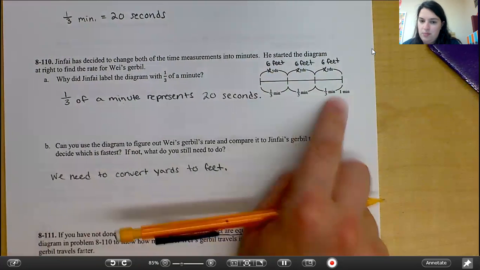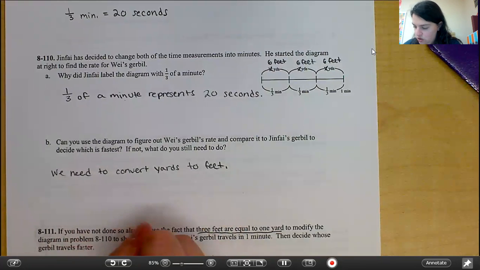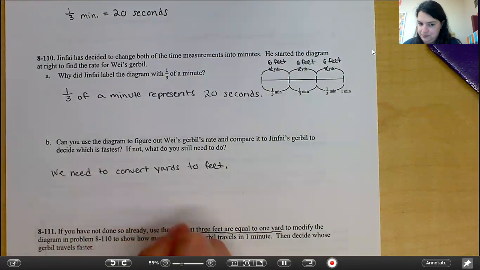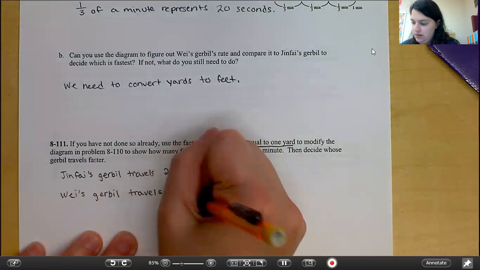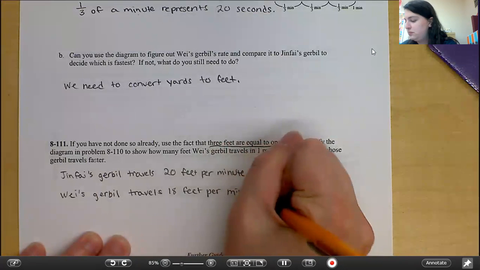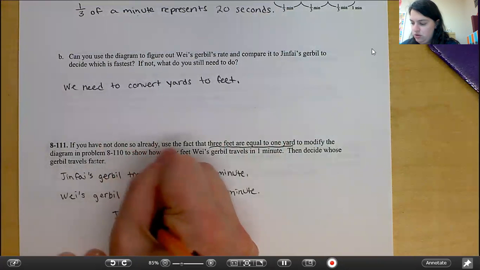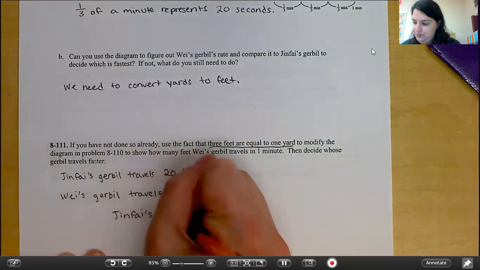So in 1 minute he would travel 18 feet. So Wei's gerbil travels 18 feet per minute. Therefore, Jinfei's gerbil is faster.